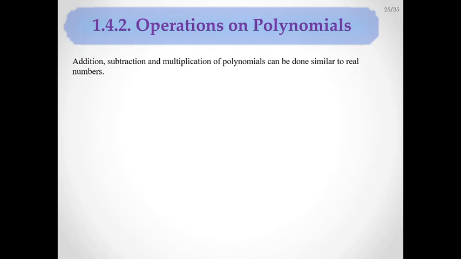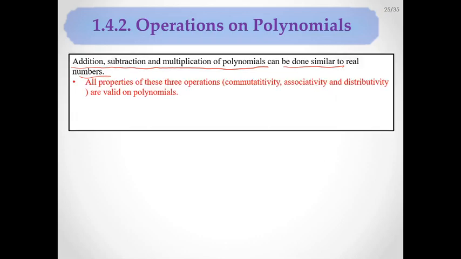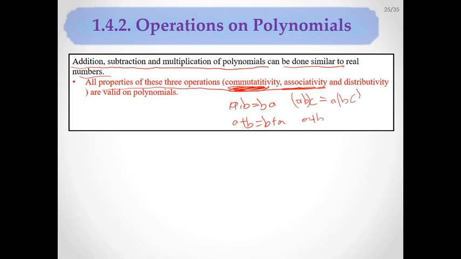Okay, let's look at the operations on polynomials. Addition, subtraction, and multiplication of polynomials can be done similarly to real numbers. It means all the properties of these three operations hold: commutativity, associativity. Remember this. A times B is equal to B times A, or A plus B equals B plus A. And associativity for multiplication and for addition.